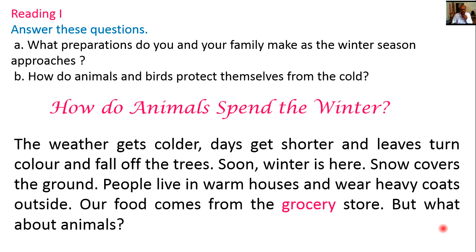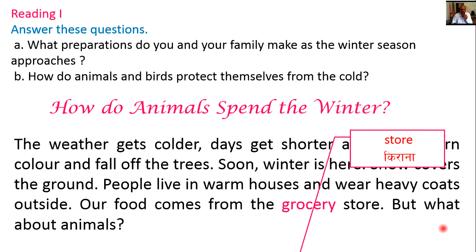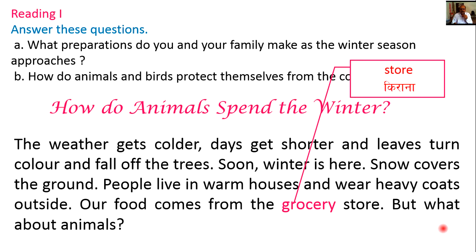Soon winter is here. This is autumn, Sharad Ritu. Snow covers the ground. People live in warm houses and wear heavy coats outside. Our food comes from the grocery store. Grocery means here a kirana, a store.